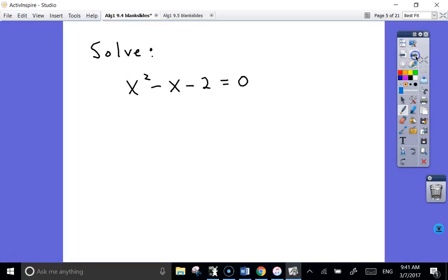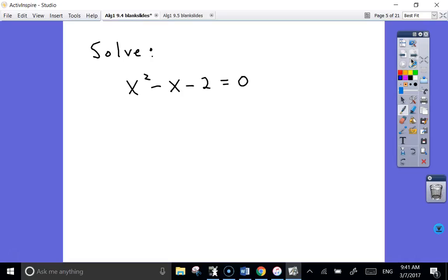Okay. So now, if I'm looking at this equation and I have to solve it, up till now in algebra, solving meant isolating the x on one side of the equal sign by doing operations to both sides, and whatever's on the other side of the equal sign, that's the answer. But in this problem, the x is in two different terms. So I can't isolate it because it's in two different places.